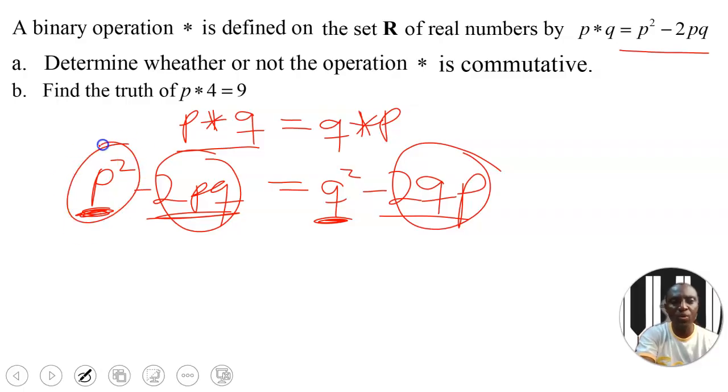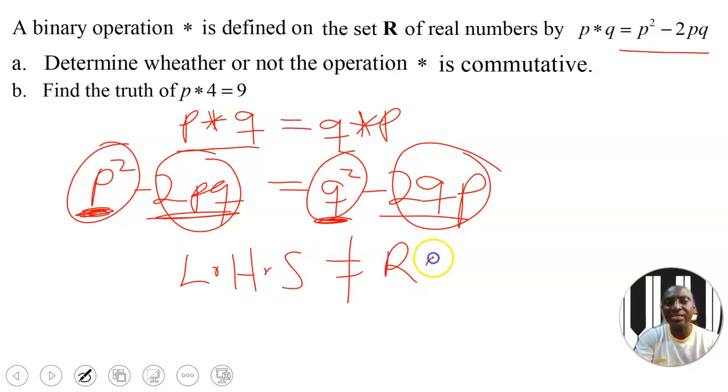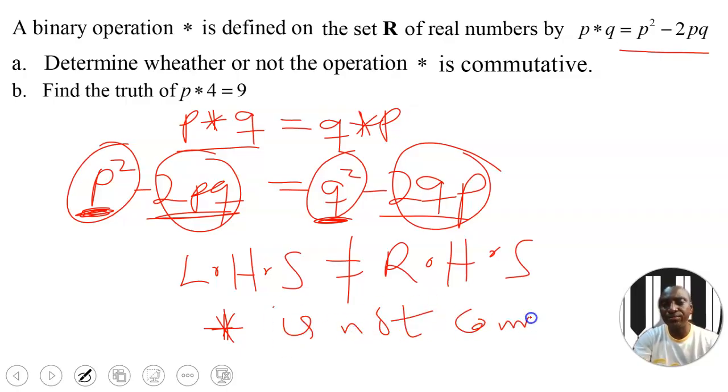But since P squared will not be the same as Q squared, because P and Q are not the same number, we will say that since the left hand side is not equal to the right hand side, therefore the operation star is not commutative. That's it. Then you conclude it's not, because the question says determine whether or not, so it is not.